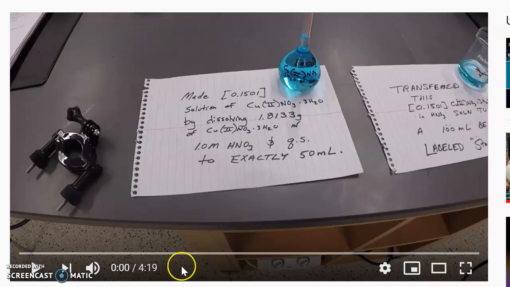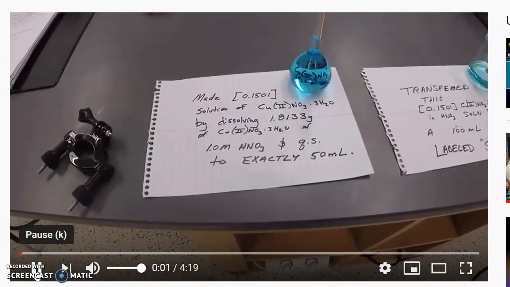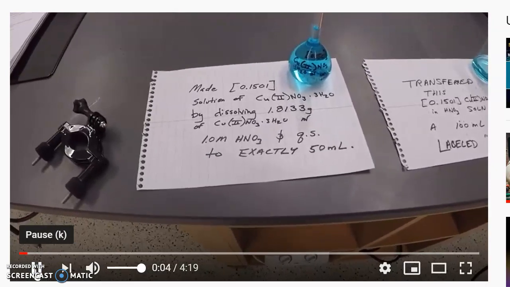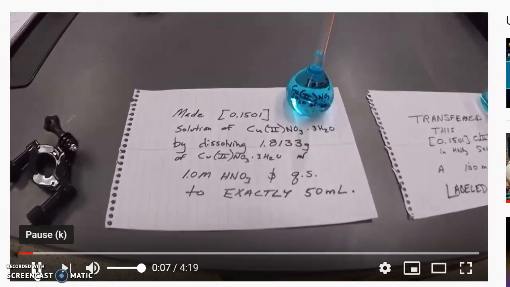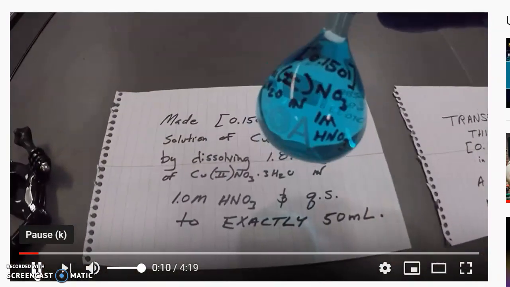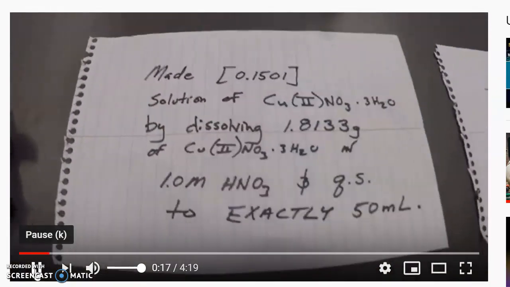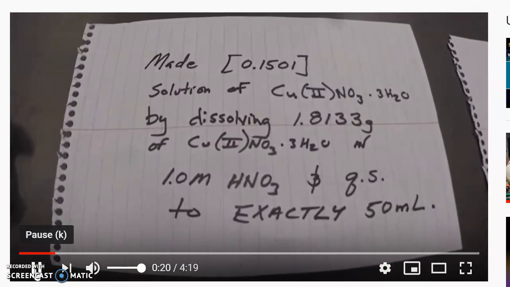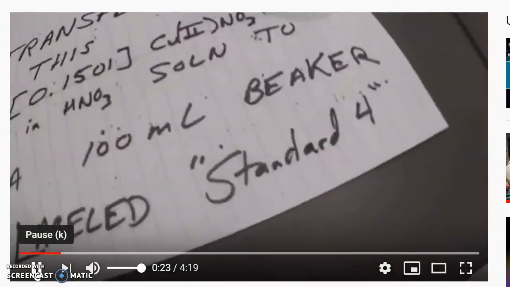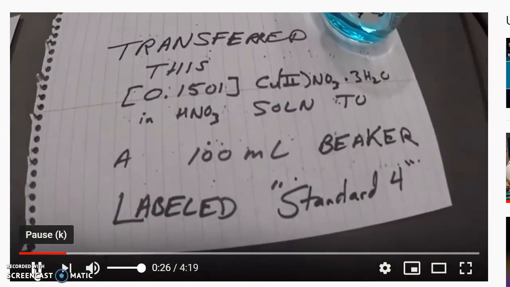We're going to start by making our standard curve, our standard copper containing solutions. These are of known concentration, and we are going to put them into a spectrophotometer, which you've done before. The amount of light that is absorbed at a certain wavelength correlates to the amount of copper in that solution.